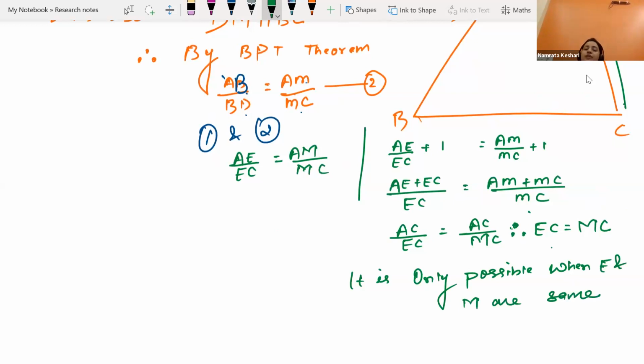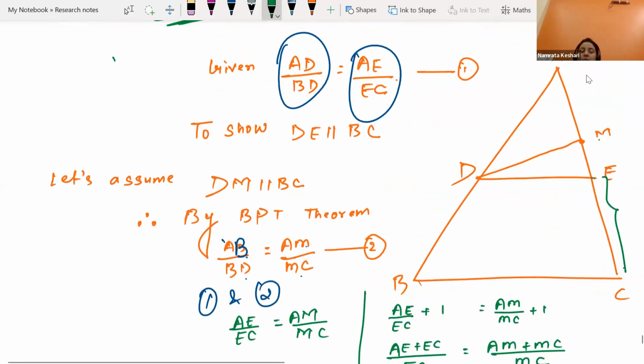That means now we have proved that E and M are the same point. Here you can write directly also, hence E and M are the same point.